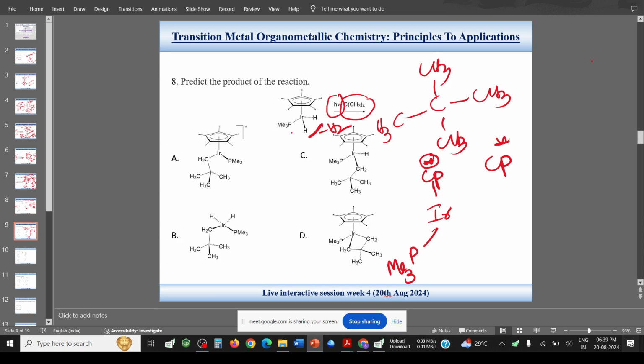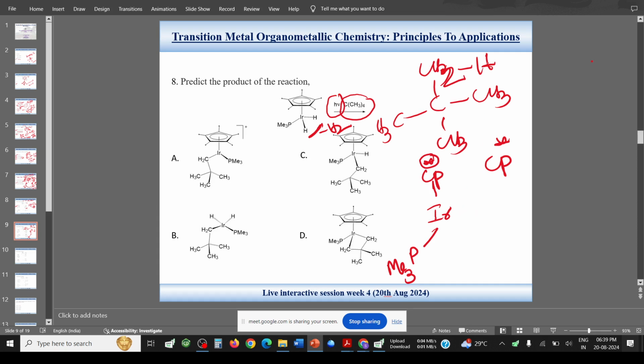These two hydrides will be removed as H2 gas, and then it will activate one of the CH bonds from this reagent to get the corresponding complex.